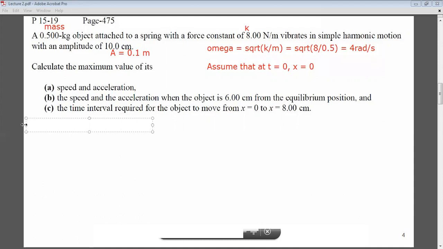So in part A, the maximum speed is equal to omega times A. So this is equal to 4 times 0.1, and this is equal to 0.4 meter per second.